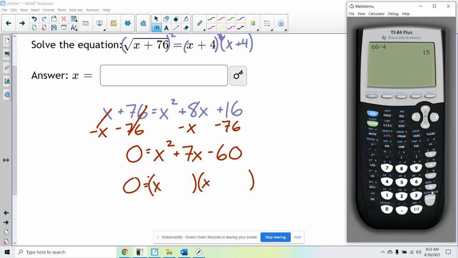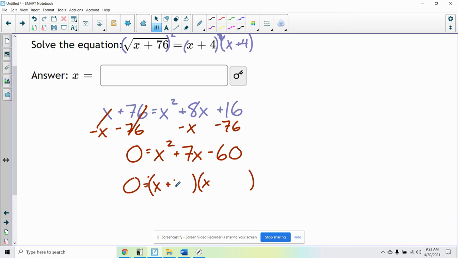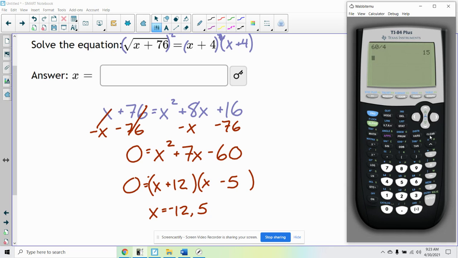That won't give me 7. 20 and 3, 5 and 12. Oh, there we go. So this is going to be positive 12 and negative 5. Perfect. So I'm going to set each of these equal to 0. I end up getting x equals negative 12 or x equals positive 5. But you want to check, because one of these is not going to make sense.